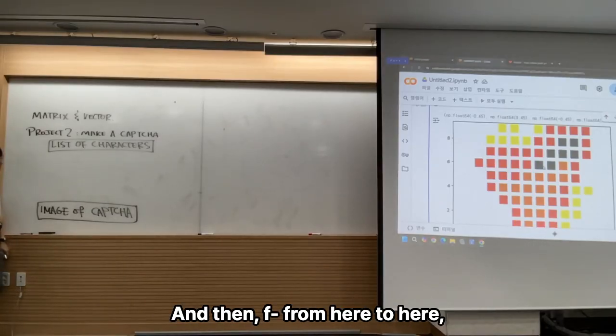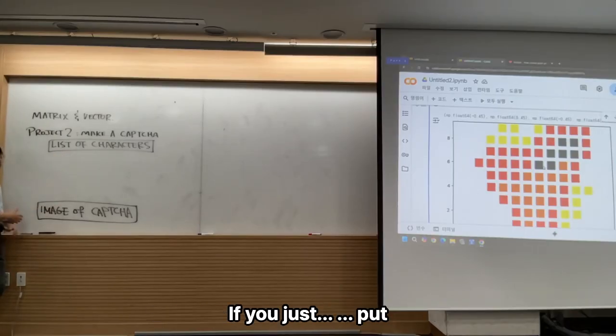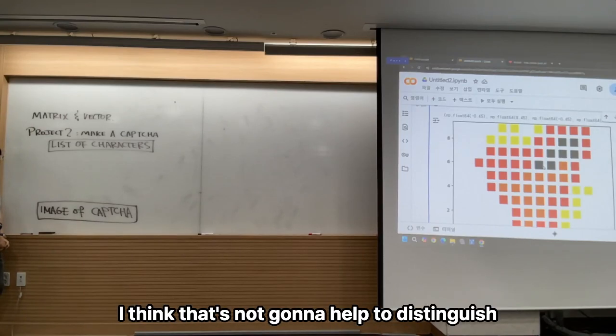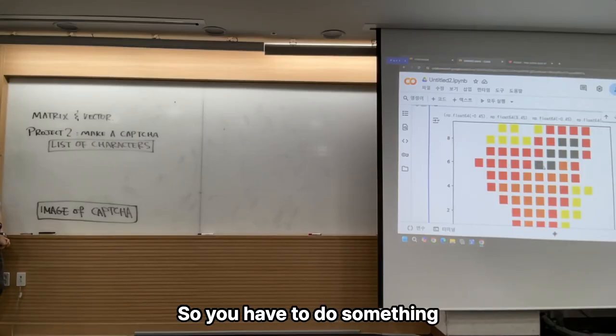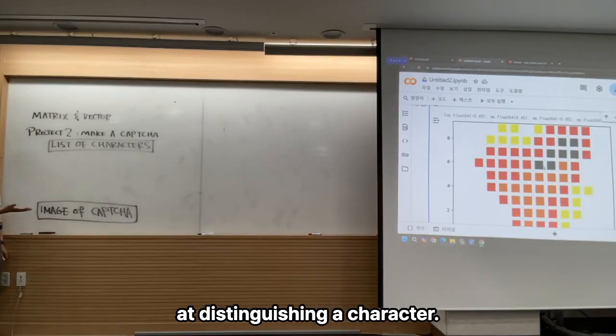And then from here to here, there are lots of things to consider. If you just put your list of characters as a string and put it in the image, I think that's not going to help to distinguish whether you are a computer or a human. So you have to do something to confuse the computer. Computer is really good at distinguishing characters.